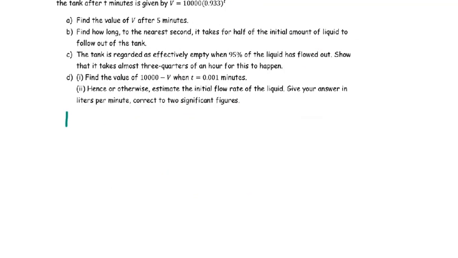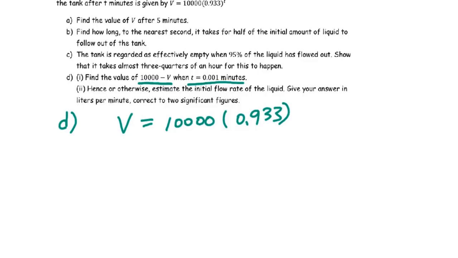Now let's go to this D. Find the value of 10,000 minus V when t equals 0.001 minute. We know V equals 10,000 times 0.933 to the t power. We plug in 0.933 to the 0.001 power.